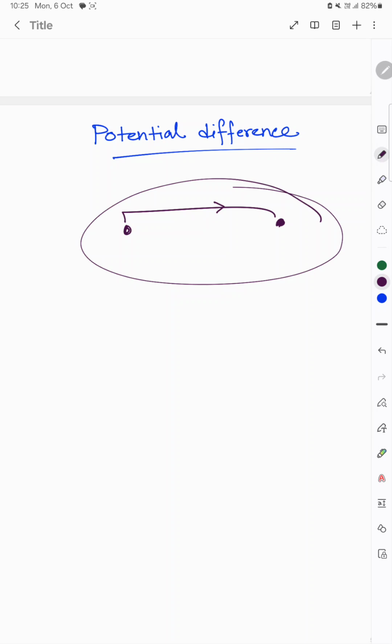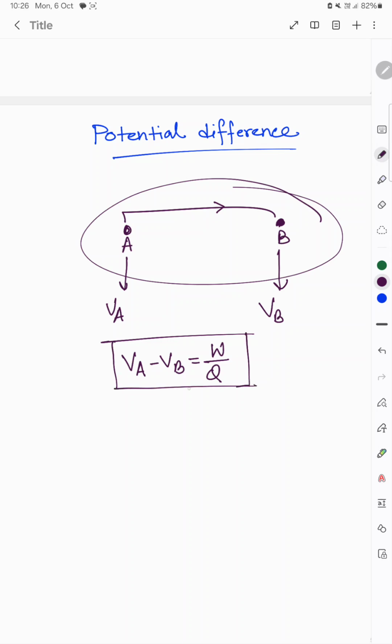Okay, so if this point is A and this point is B, the potential at this point is VA, the potential at this point is VB, so VA minus VB is W by Q. Same as that of potential.